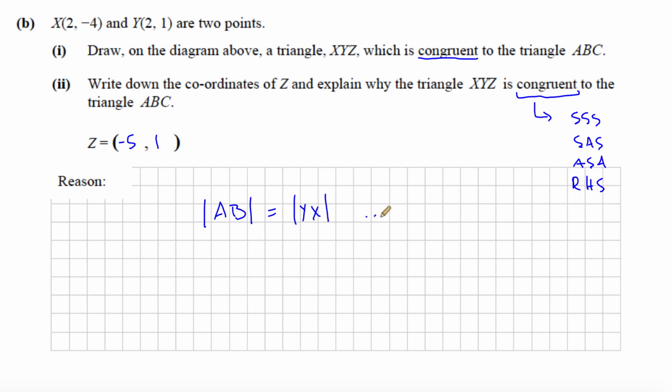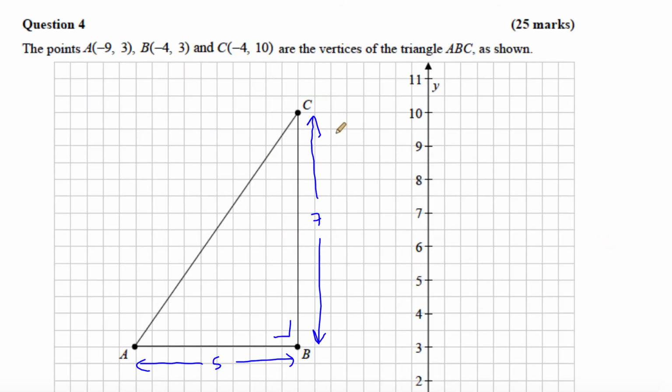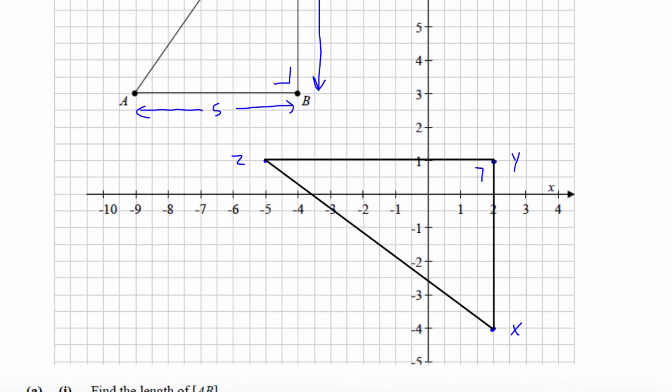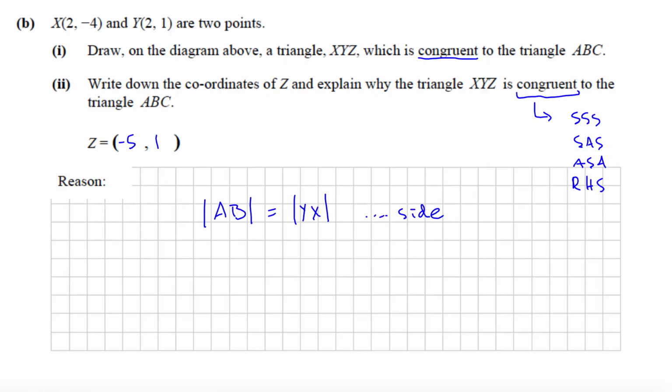So that's a side. And then I can also see that the length of BC is the same as ZY. So the length of BC is equal to the length of ZY. That's another side.